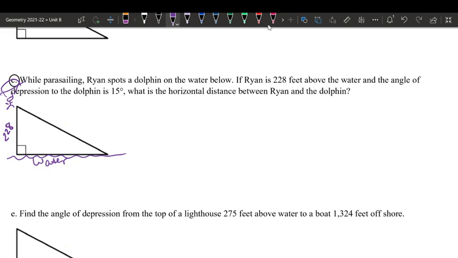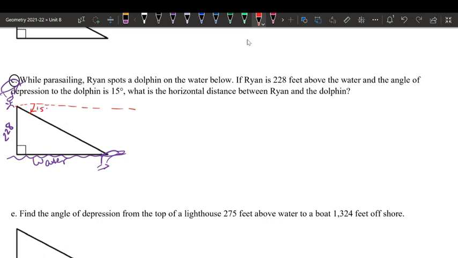The angle of depression to the dolphin that he sees. So he sees a dolphin over here, something like that, and the angle is 15 degrees. This is where the angle of elevation and depression is a little bit tricky. From his line of sight going down is the angle of depression, 15 degrees.